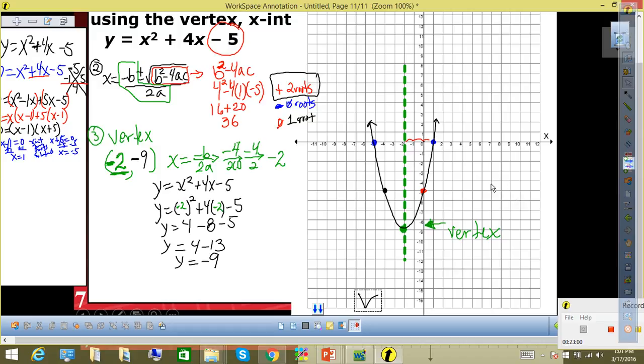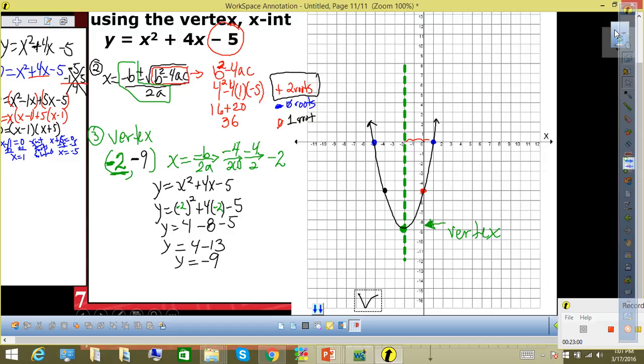The question was, what if the distance was 1.5 steps? Does that make sense? What if the vertex, instead of being here, was at negative 1.5? Well, guess what? The other point has to be negative 1.5 steps, 1.5 steps to the left. Does that make sense? All right.